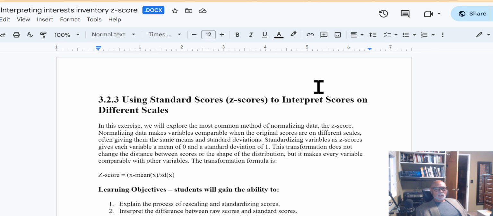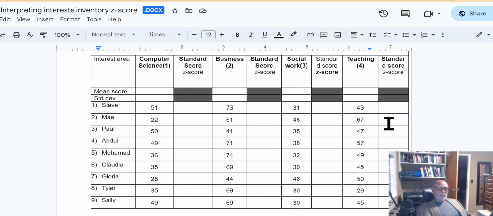One is where you enter data yourself, and the other is where we look at a career inventory. And you'll find that on the second sheet, and you'll see a number of names, and people will have a score on computer science, on business, on social work, and on teaching.